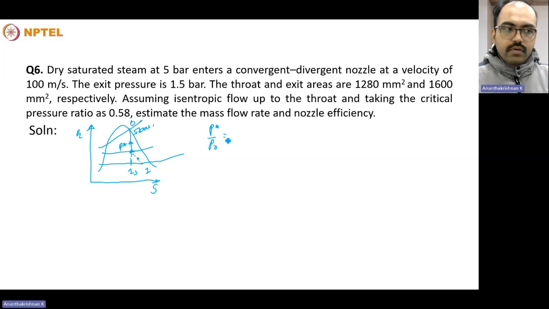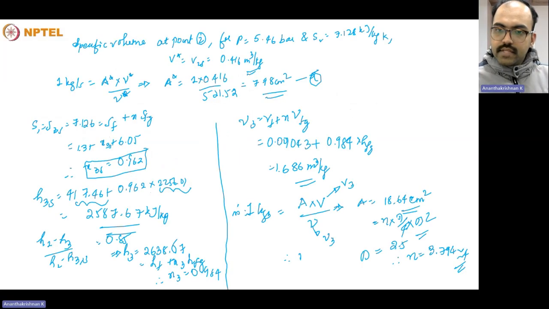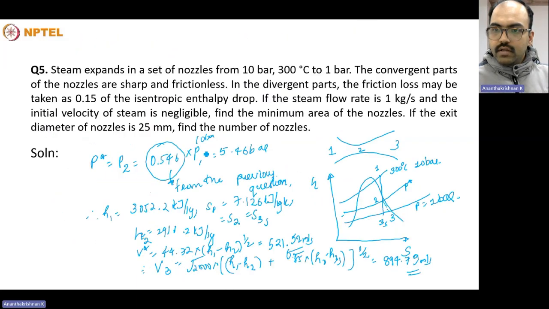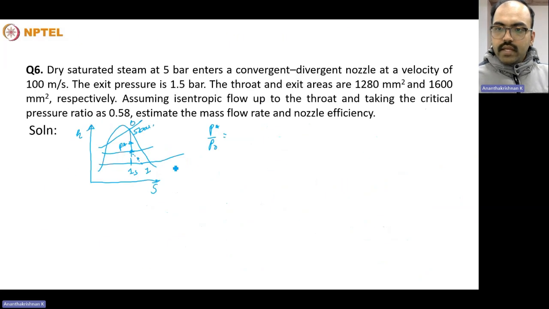P star by P0, just like the previous case, its value depends upon the gamma. In the previous case, we had taken it as 0.546, but now this is a saturated steam. That's why gamma will be different.